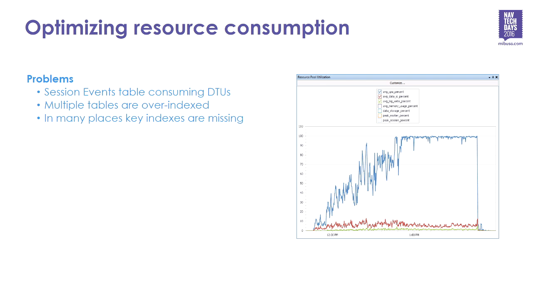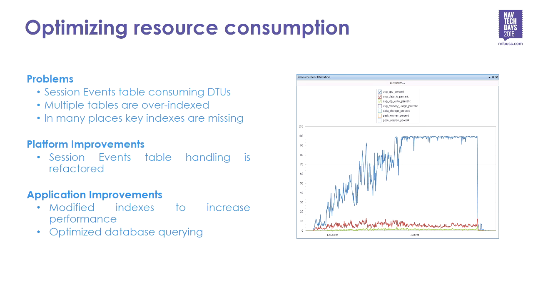So we made improvements. First of all, we looked on the platform side, and we refactored how the session event table works. The loop logic is a lot better, and its DTU footprint has been reduced considerably. So we won't see this anymore. And we took it even further. We made application improvements. We have also added those missing indexes which were suggested, and the extra ones, they're gone.